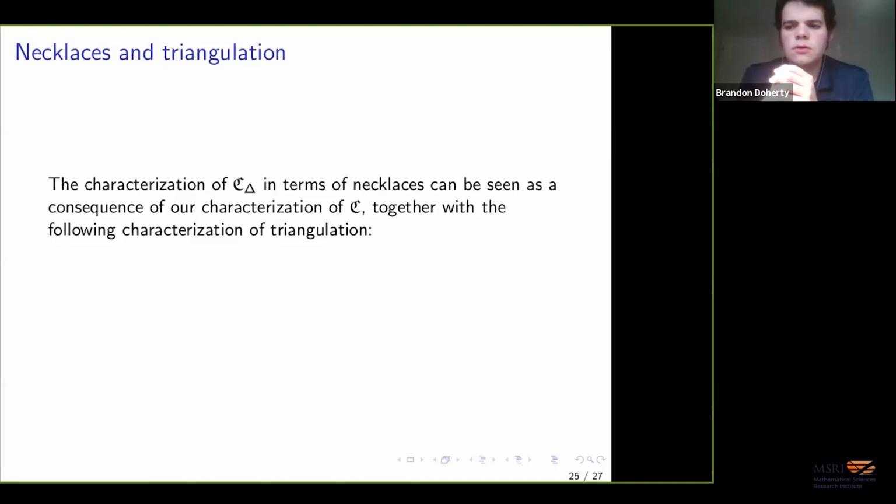So, as I mentioned earlier, there is a characterization of C delta, the left adjoint of the traditional simplicial homotopy coherent nerve, in terms of necklaces, and that can actually be seen as a consequence of this characterization that we have of the cubical version of this left adjoint map, together with a certain characterization of triangulation.